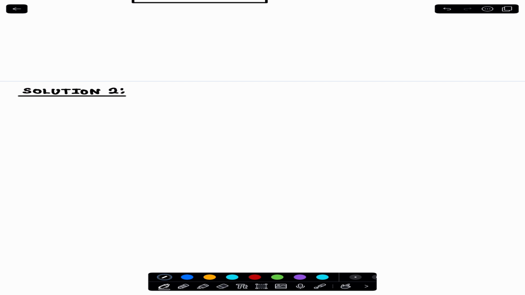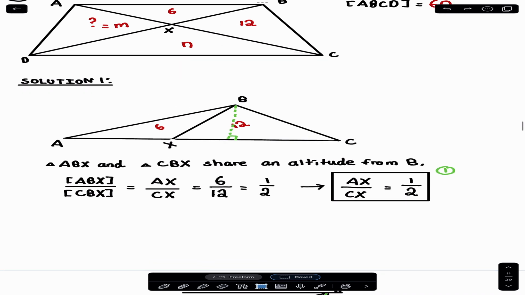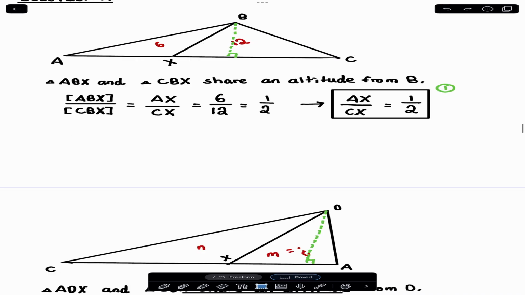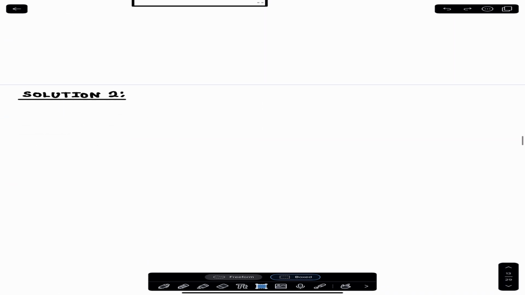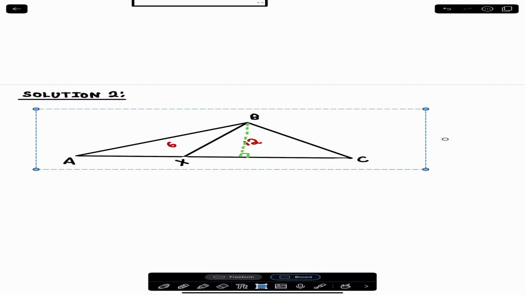So maybe you're more like this person. So now let's get on to solution 2. I'm going to take this one and paste it. So maybe you're more like this.